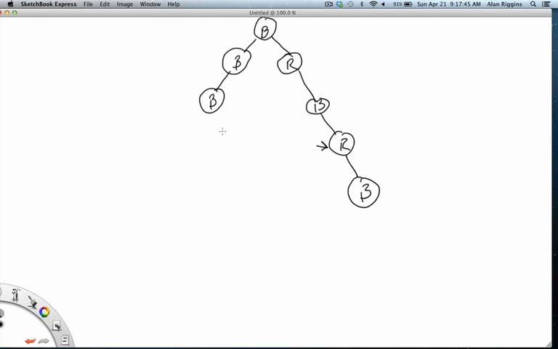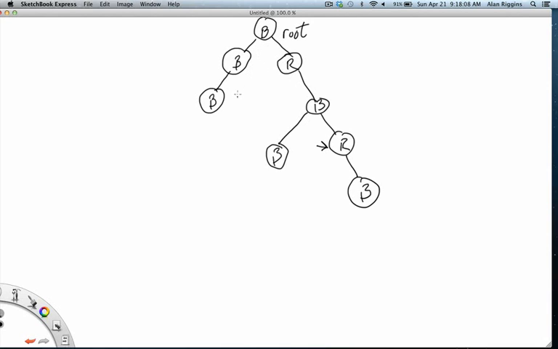So you can see here the root node is black. And every path from root to leaf contains the same number of black nodes. So imagine that we have a subtree here. We can only have one black node in order to maintain this property.